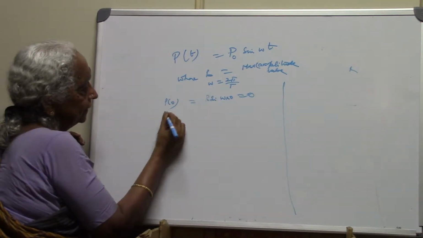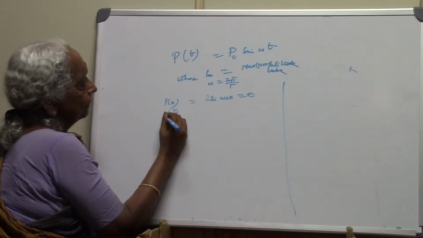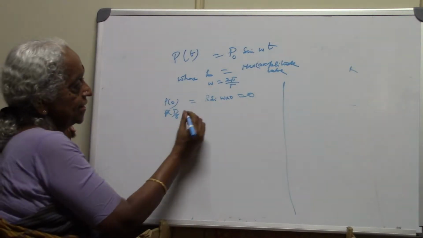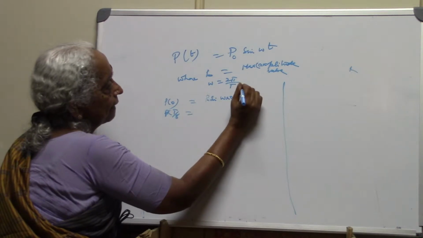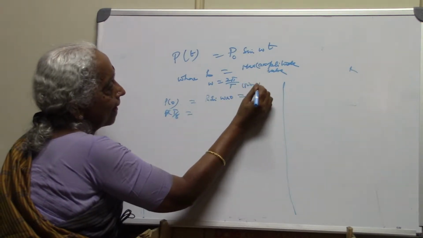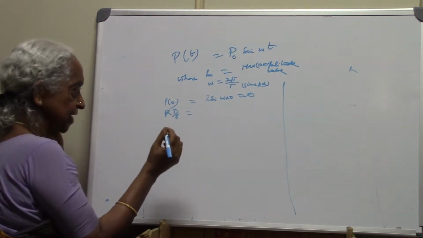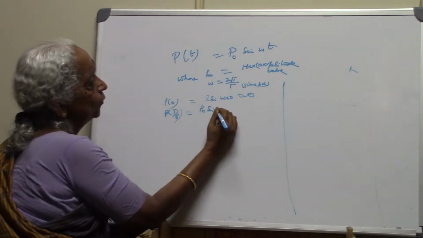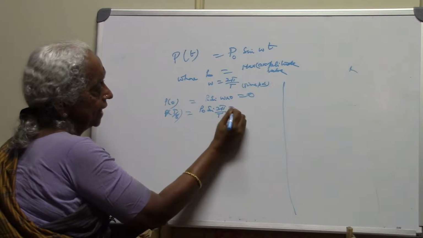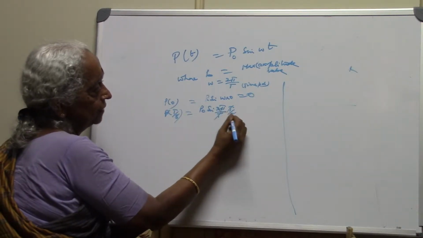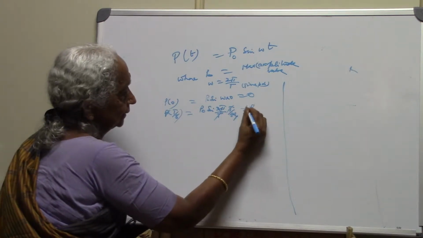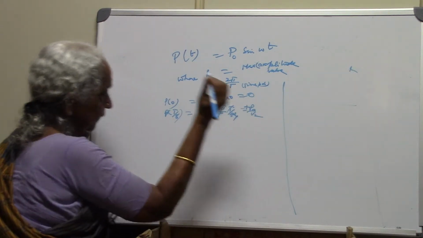Then P at t equal to T by 8, one eighth of the time period T of the simple harmonic variation, will be P naught sine of 2 pi by capital T into T by 8. That becomes pi by 4. Sine pi by 4 is 1 by root 2, so it will be plus P naught by root 2.